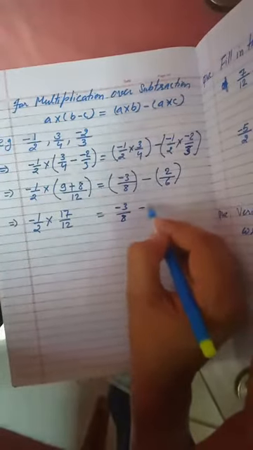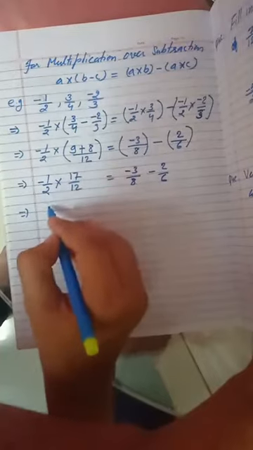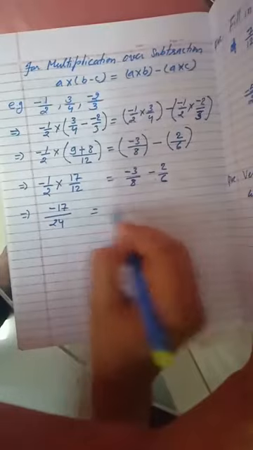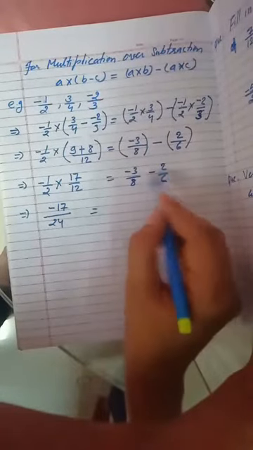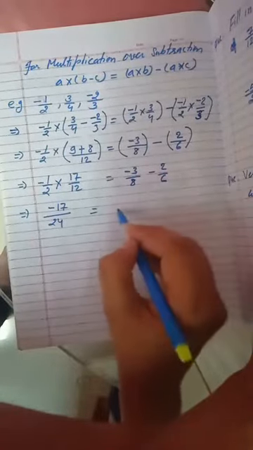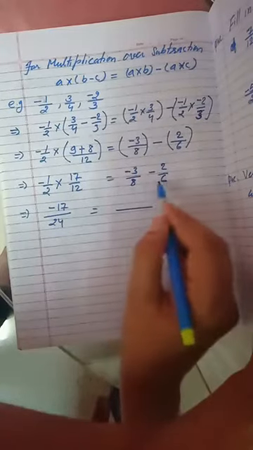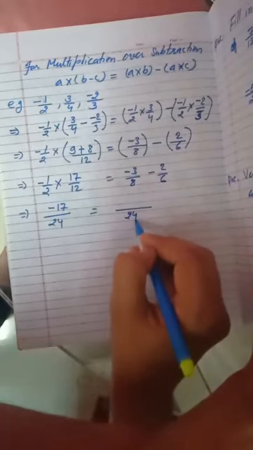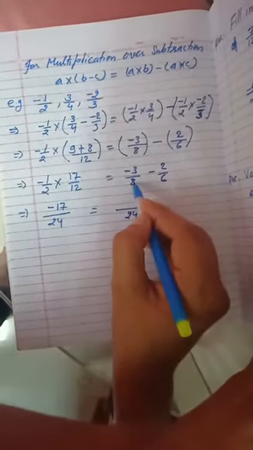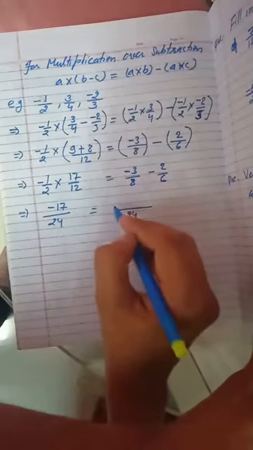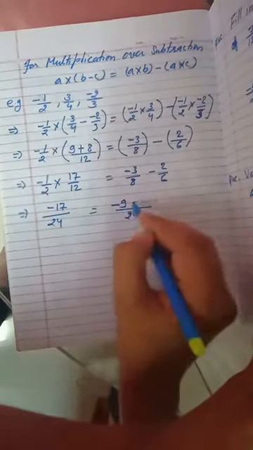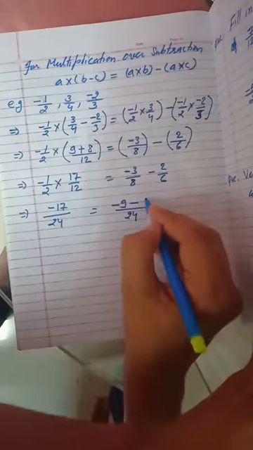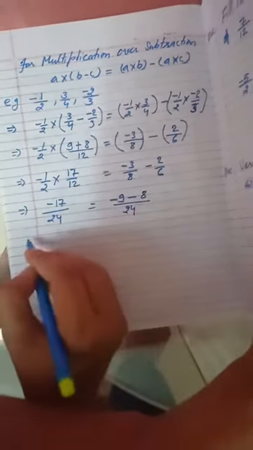Solve this number, both the numerators you should multiply, it is minus 17 divided by 24, equal to minus 2 minus 3. You have to find the LCM for 8 and 6. The LCM is 24. 24 divided by 8, you will get 3. 3 multiplied by minus 3 is minus 9, then minus 6, you will get 4 multiplied with 2. 4 multiplied by 2 is 8.